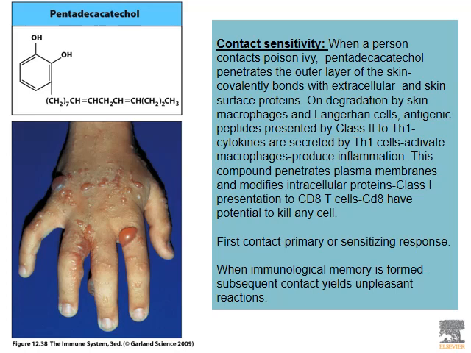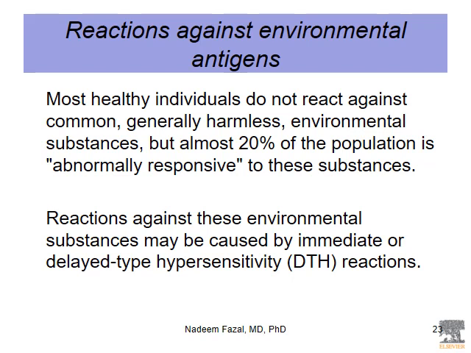And as I said earlier, the whole idea for type 4 is that we need to fight the environmental antigens, and we want to react to them, and that's considered a positive if it's under control, but will be negative if it gets out of control.